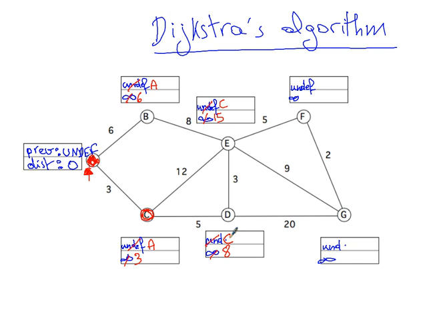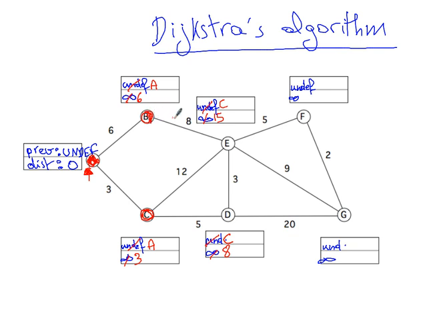C, right? Now, no more neighbors that I haven't considered. So now what I do is, of the unprocessed nodes, so B, D, and E, which one has the smallest distance? That's the next one I am going to process. Well, in this case, it'll be B. Okay, processing B.